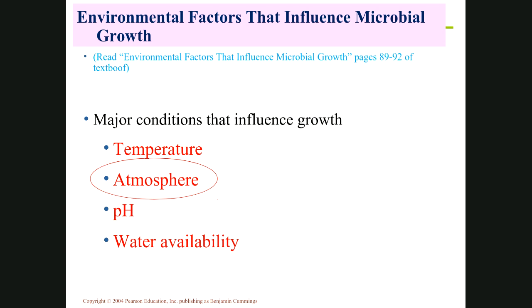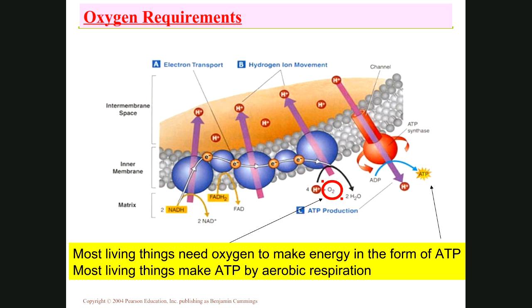Okay, now the next parameter that can affect bacterial growth is atmosphere oxygen, and this one is very important. So first of all, why is oxygen so important? That goes back to making energy, ATP.